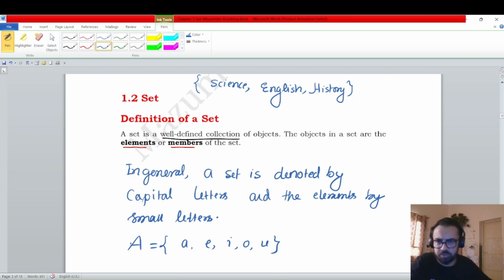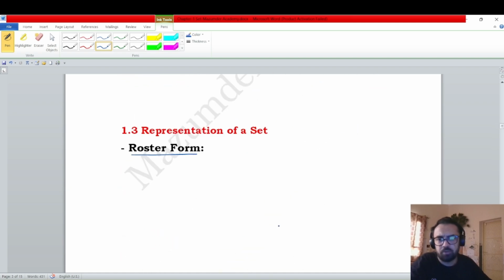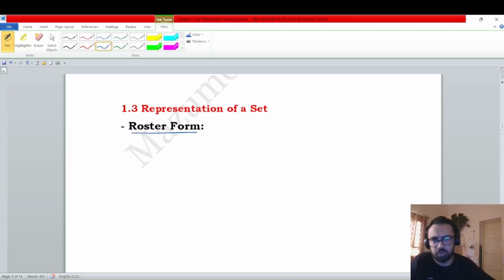So here the capital letters are used to denote the set. Now roster form, I can give this example, say capital A equal to 1, 2, 3, 4, 5.